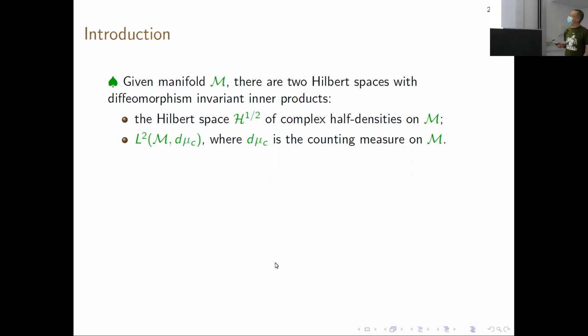And the other Hilbert space is the space of all square integrable functions on the manifold, integrable with respect to the counting measure on this manifold. This is, of course, a very simple measure, but still it can be used to define such a Hilbert space.